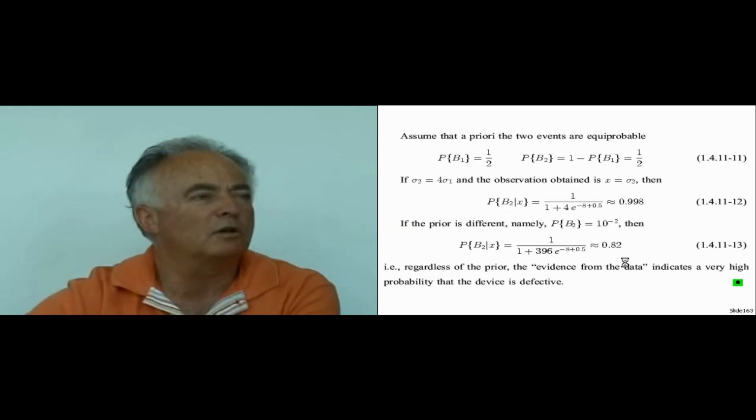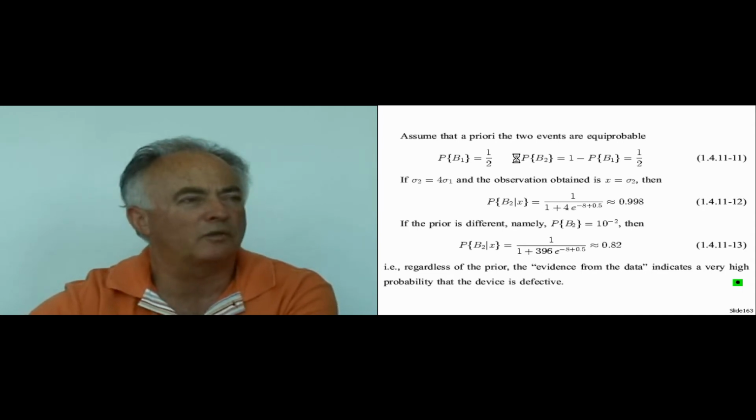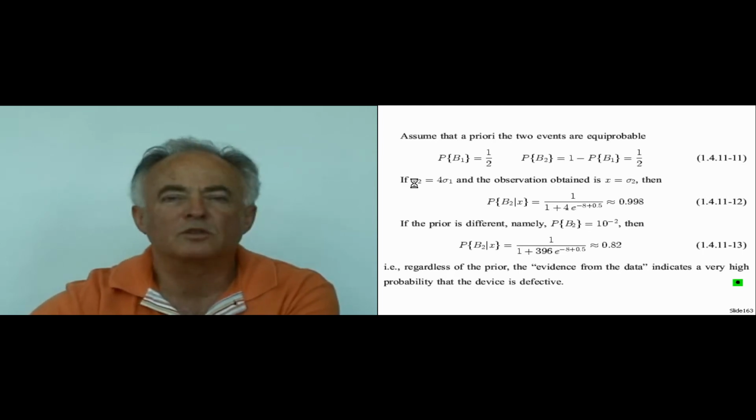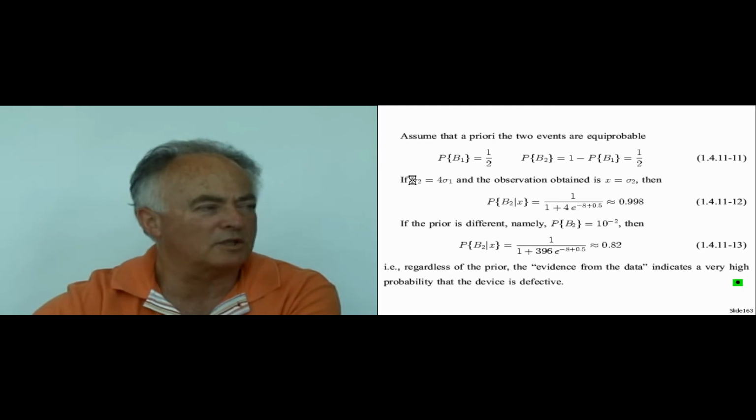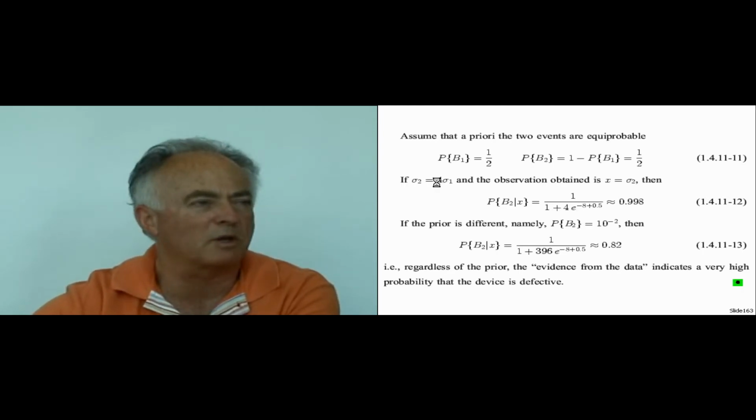Now, assuming we don't know the prior probability of the device being okay or defective, take each of them half. And assume that the defective device exhibits a standard deviation of the noise 4 times larger. The power of the noise is 16 times larger. The variance is 16 times bigger.